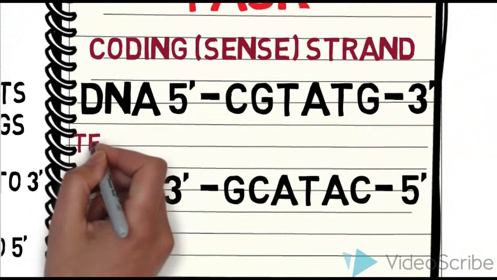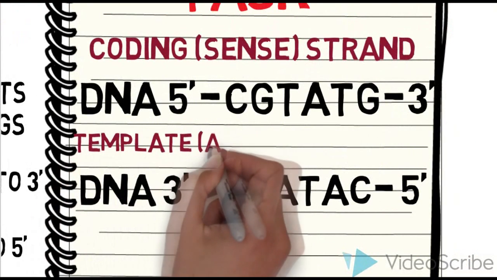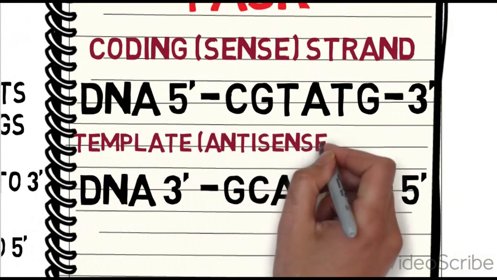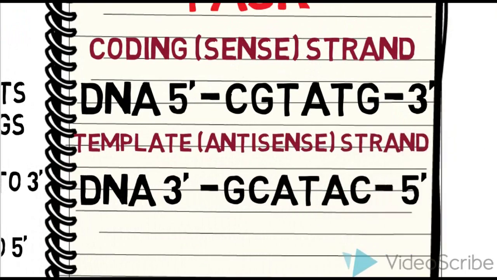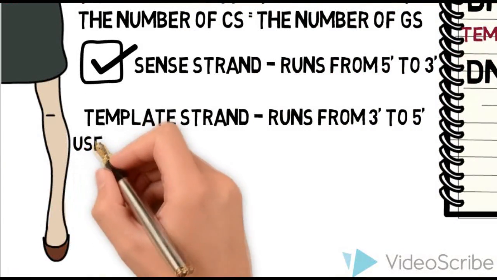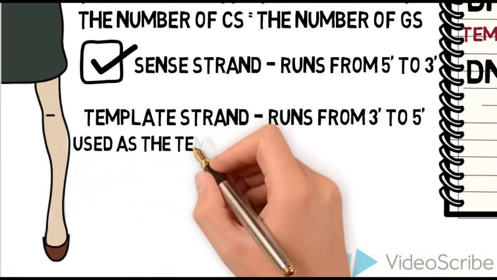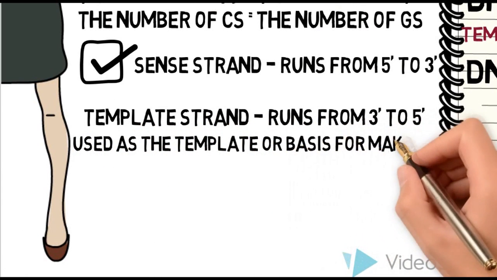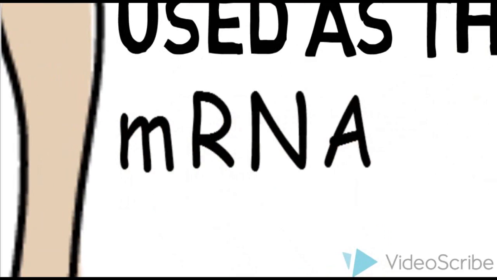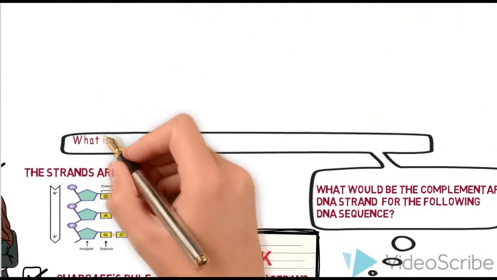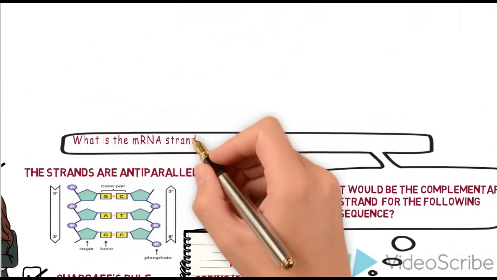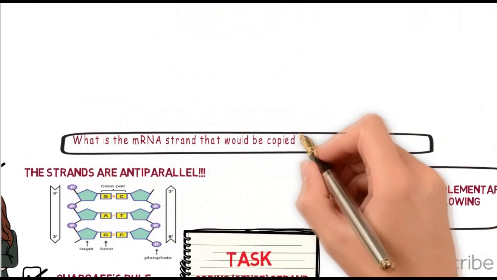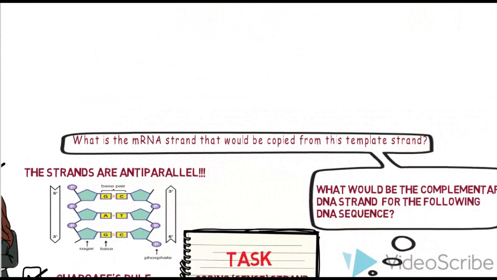So the next DNA is the template strand, or as we said, the antisense strand. It is used as the template or basis for making mRNA, messenger RNA. So the question is: what is the mRNA strand that would be copied from this template strand?